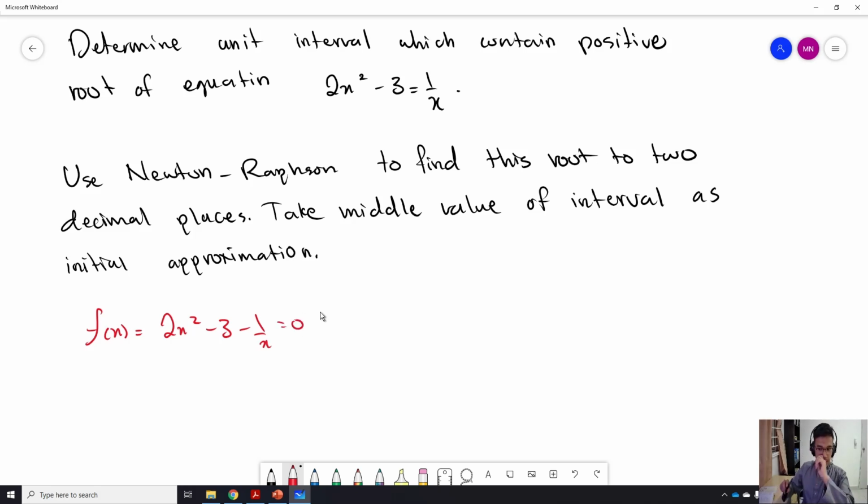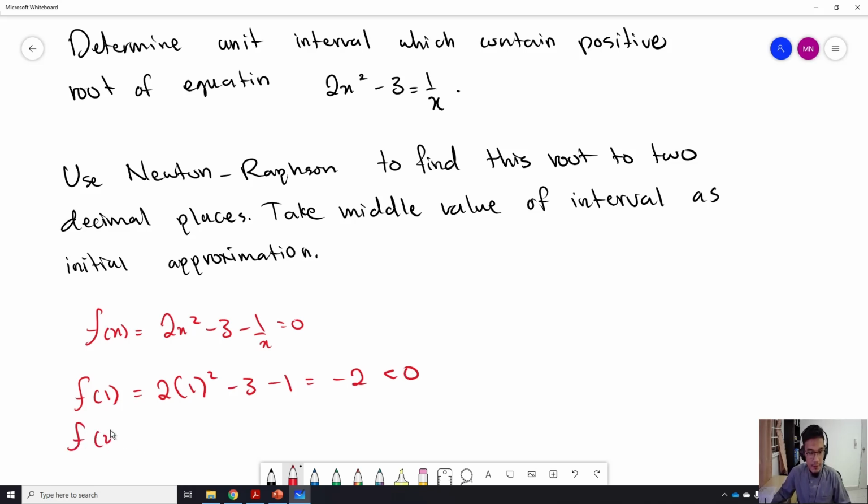I forgot to mention that you can pause this video and try it by yourself, and then continue to check whether your answer is right. Let's try with x equal to 1. Then we have 2(1) squared minus 3 minus 1, and we get negative 2, which is less than 0.